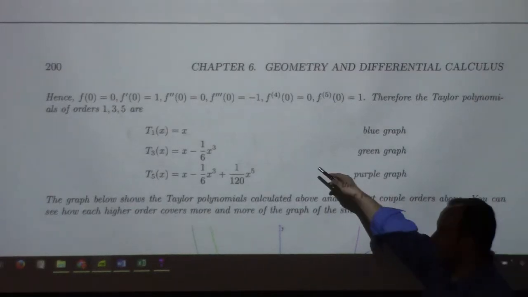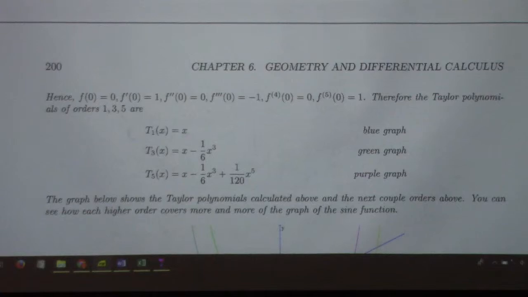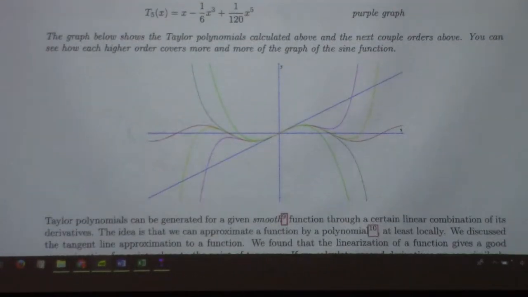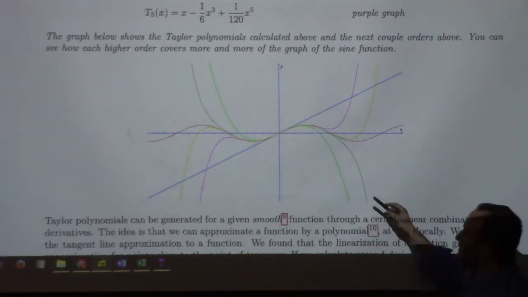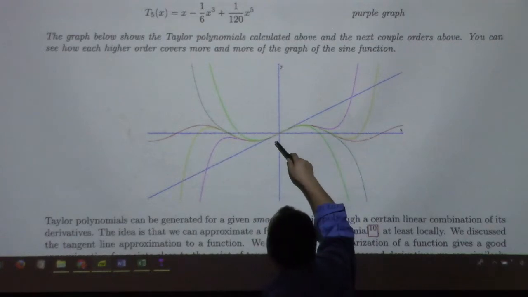Sine is an odd function. Odd, odd, odd, right? Each Taylor polynomial is odd because sine is an odd function. The Taylor series generated for sine is also odd. Not surprising. What I think is surprising is that you can model sine using polynomials like that. I mean, that's just nuts.